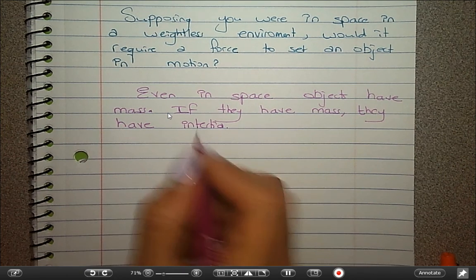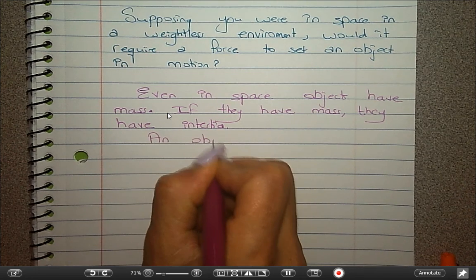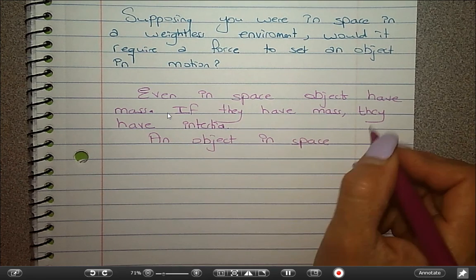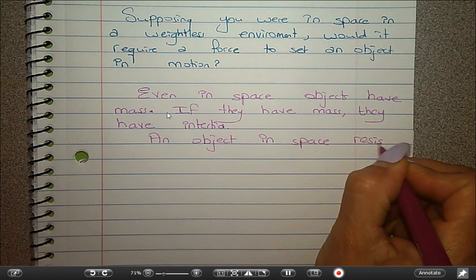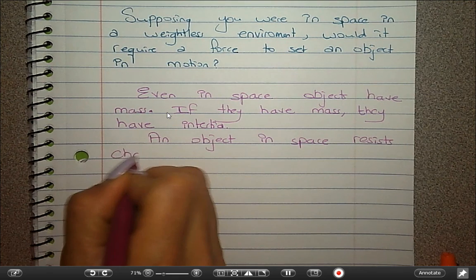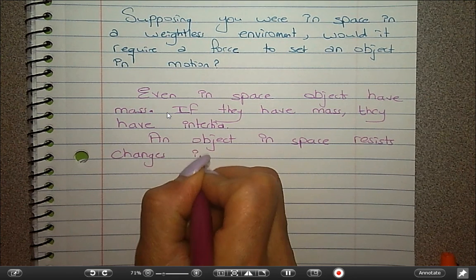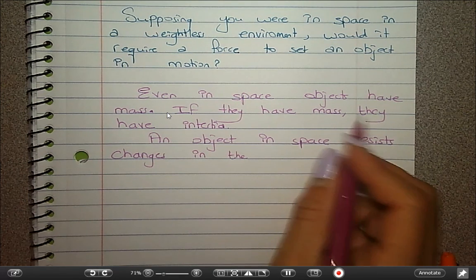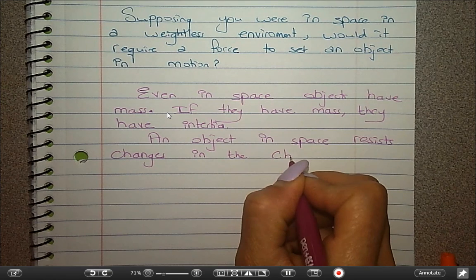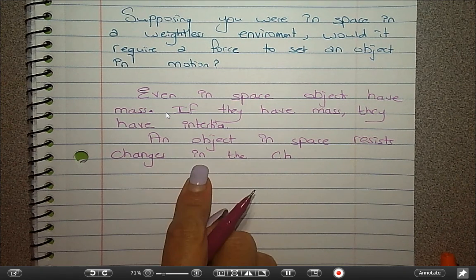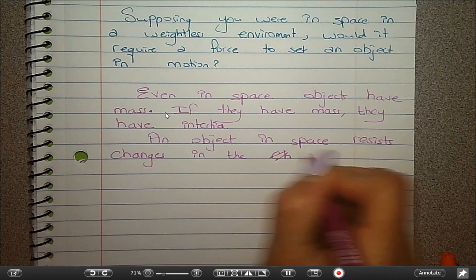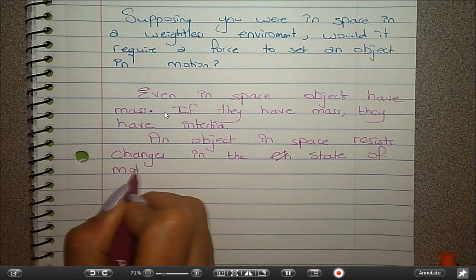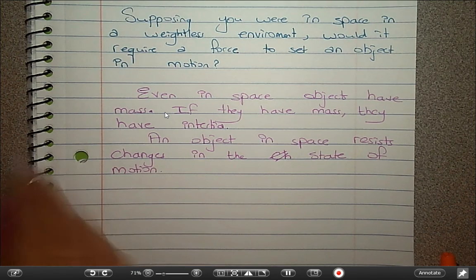So an object in space resists changes in the state of motion.